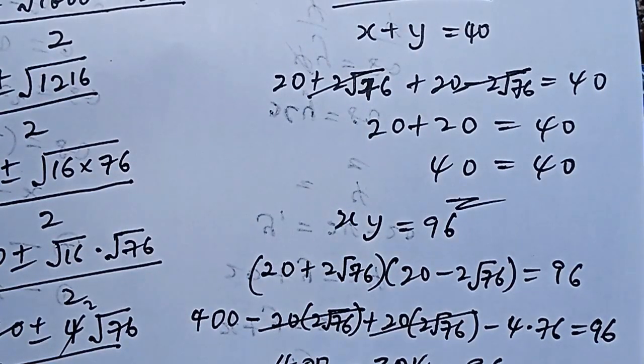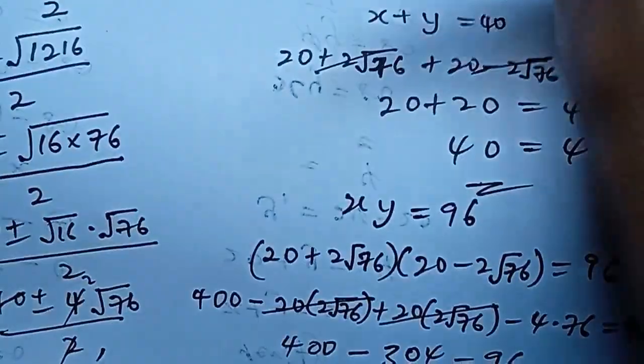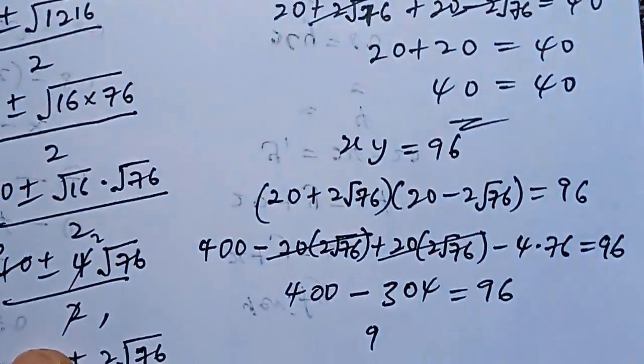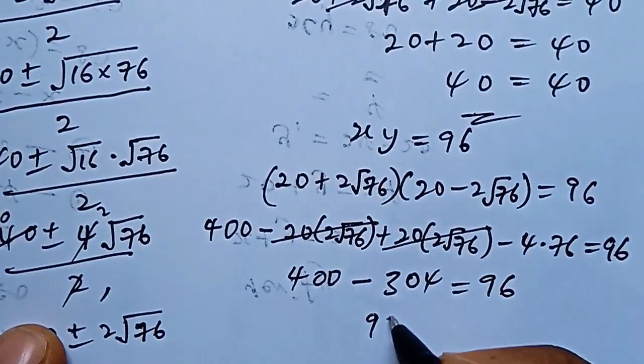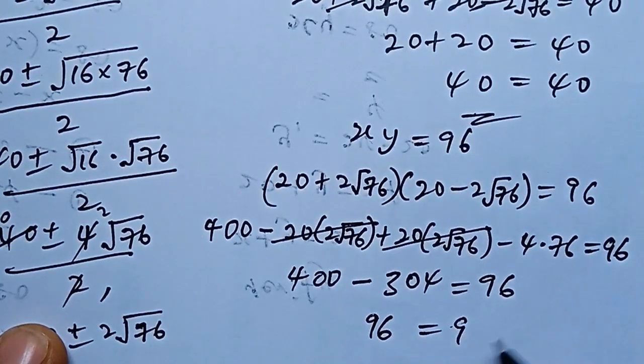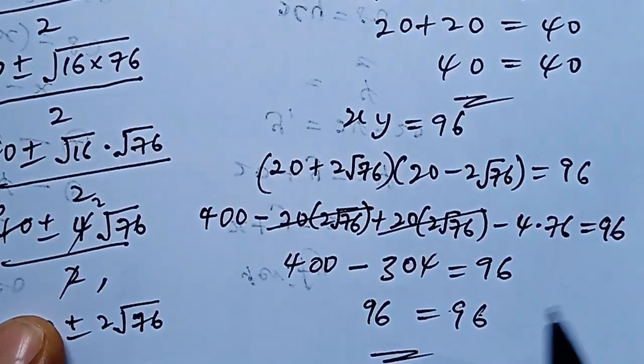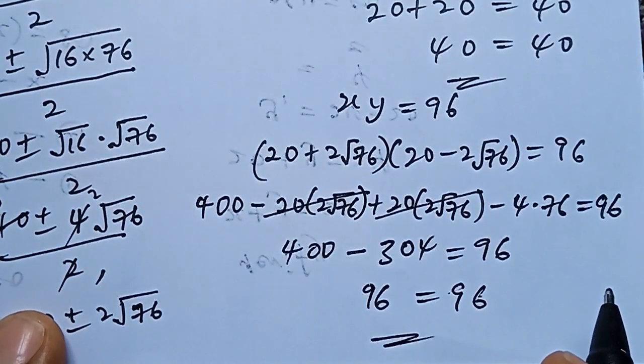If we subtract this, then we have 96 equals 96, which proves the correctness of our equation and our solution for x and y. Continue with the next video. We'll see in the next one.